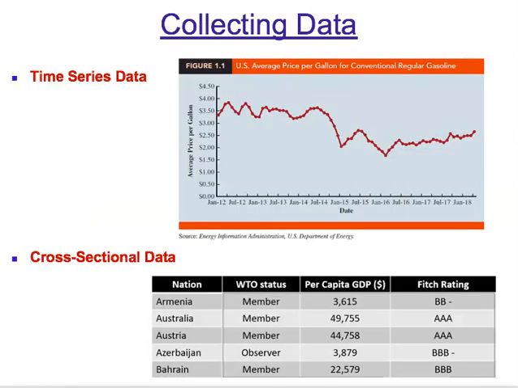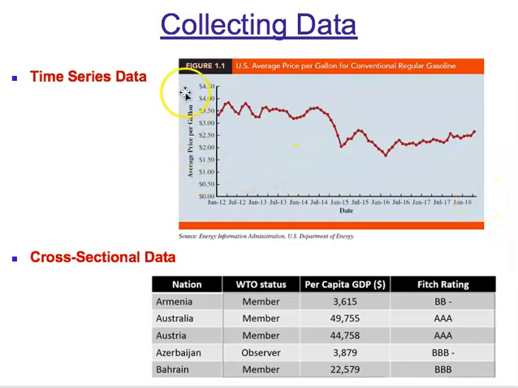Now let's take a look at collecting data. When we go out and we collect data, it's either going to be time series or cross-sectional. Time series data is data across time. For example, here we have the U.S. average price per gallon for conventional regular gasoline from January 2012 to approximately January 2018.